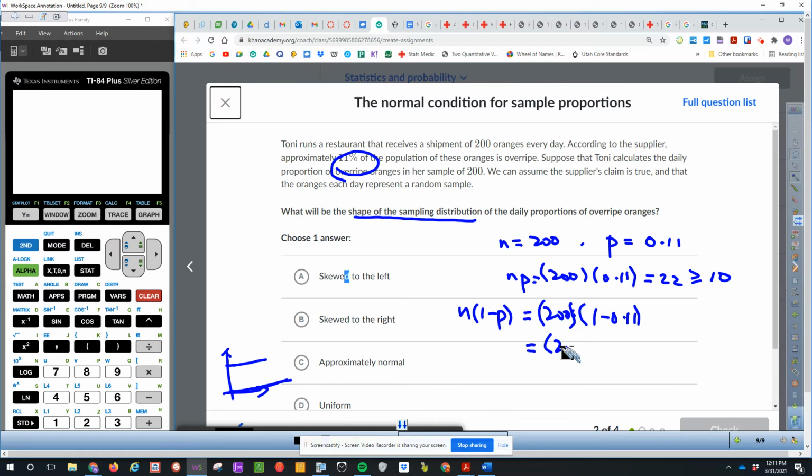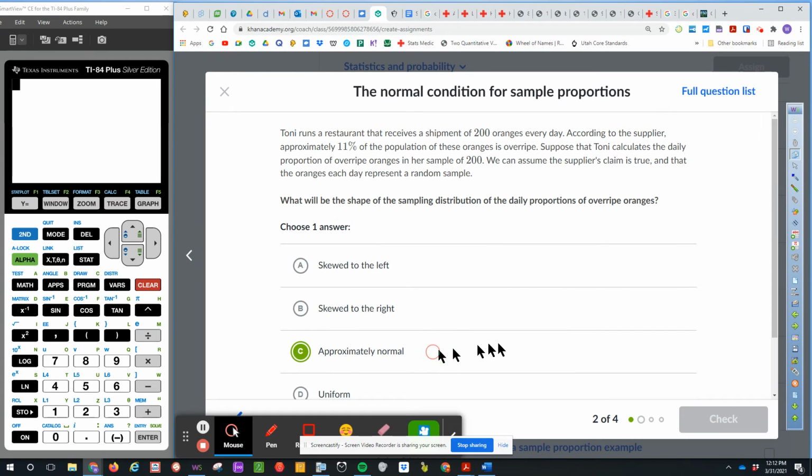So 200 times 0.89 is a big number, about 178, and that is also greater than or equal to 10. So when both conditions are satisfied, n times p greater than or equal to 10 and n times 1 minus p greater than or equal to 10, the shape of the sampling distribution is approximately normal.